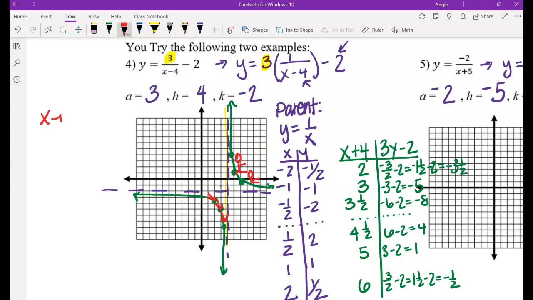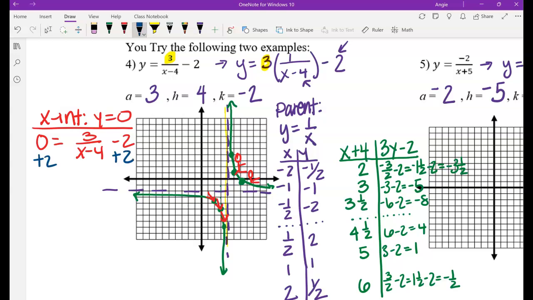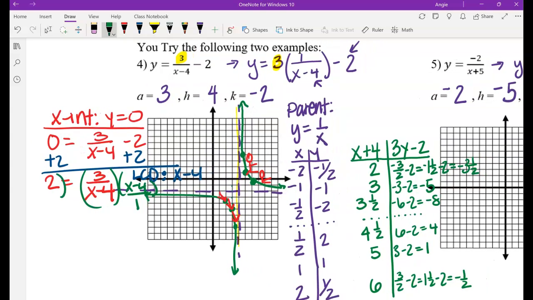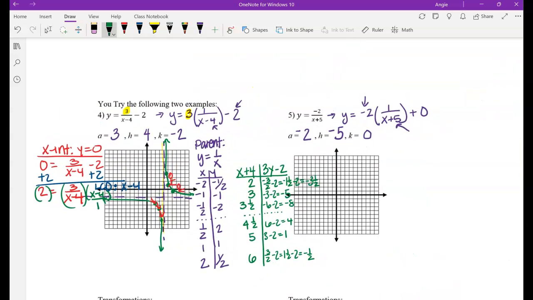X-intercept, okay, y has to be 0. So 0 equals 3 over x minus 4, and then minus 2. Add 2 to both sides. So that's going to tell us 2 equals 3 over x minus 4. Your LCD is going to be x minus 4. So we are going to multiply this by x minus 4, or over 1, and then this side by x minus 4.